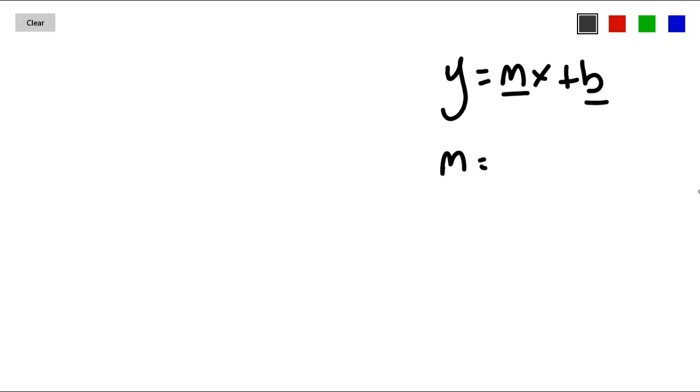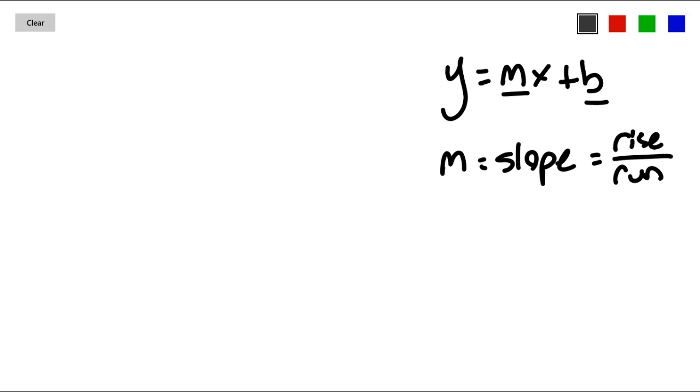I'm going to be focusing on linear equations today, and linear equations have the form y is equal to mx plus b. These two numbers, the m and the b, are going to tell us everything that we need to know in order to plot the line easily. The m is the slope of the line that this equation produces, which you can define as the amount that the line rises per unit change.